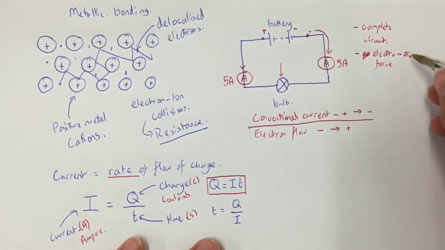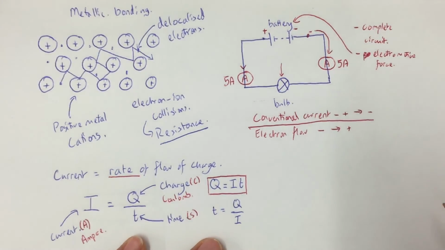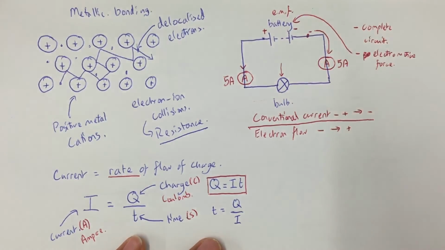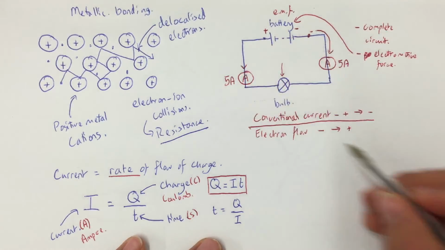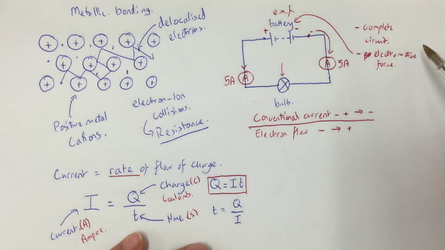I have to have a power supply, in this case the battery. The battery provides the electromotive force, or the EMF, and that is the push to make the current flow around the circuit. So I have to have a complete circuit, and I also have to have an electromotive force that's going to ensure that my current flows around my circuit.